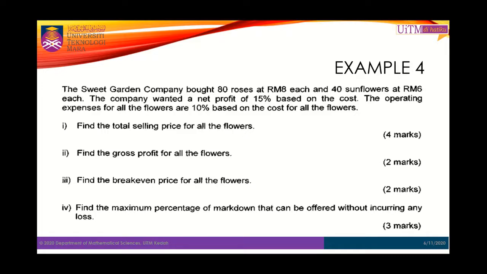And lastly, you are looking for the maximum percentage of markdown that can be offered without incurring any loss. So this is another way of saying that you are looking for the maximum markdown percent, because at the maximum markdown percent, you will not incur any loss.